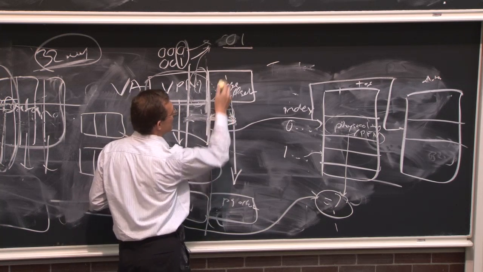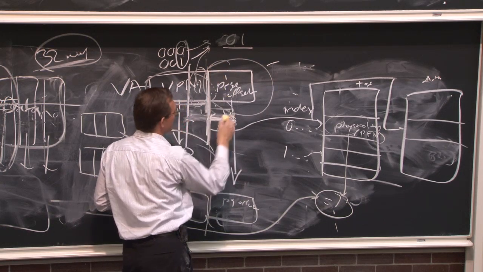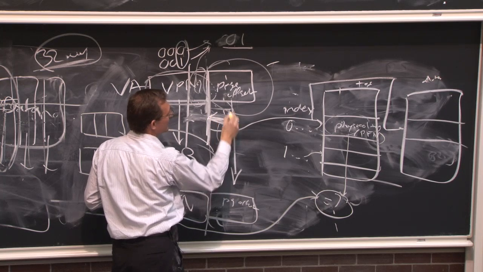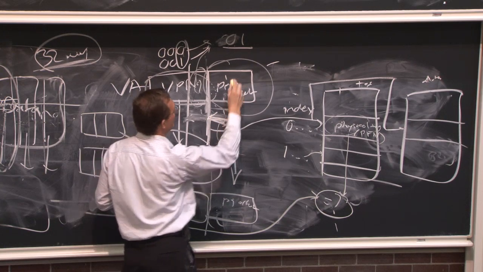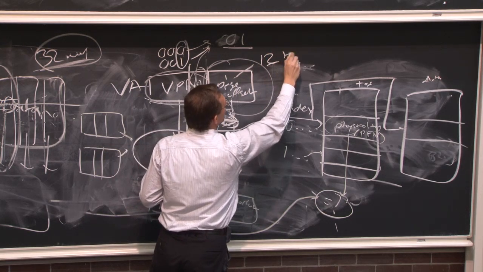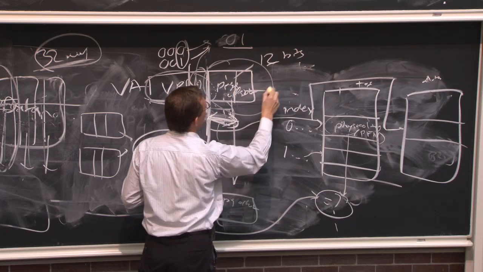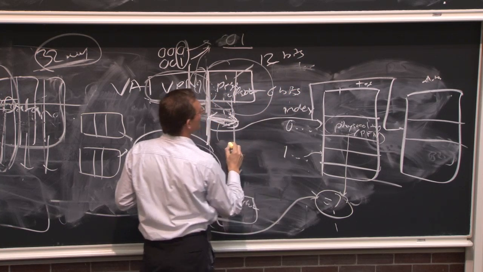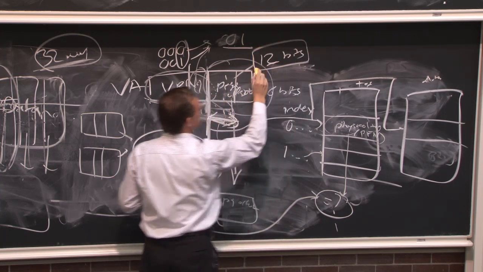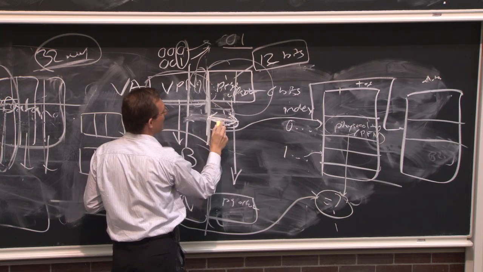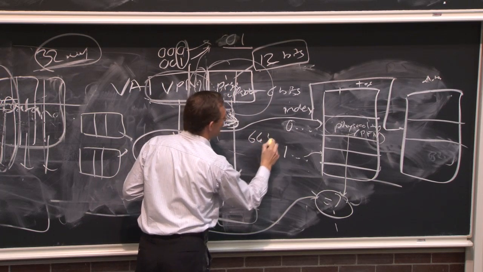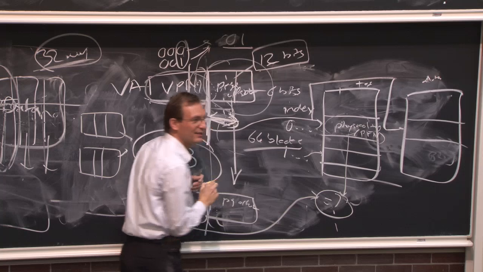The problem is now your cache size is limited. Right? You can only have so many index bits coming from your page offset, right? If your page size is 12 bits, and if your cache block size is 6 bits, now your index bits could be 6, and you can only have 64 blocks in your cache, right?